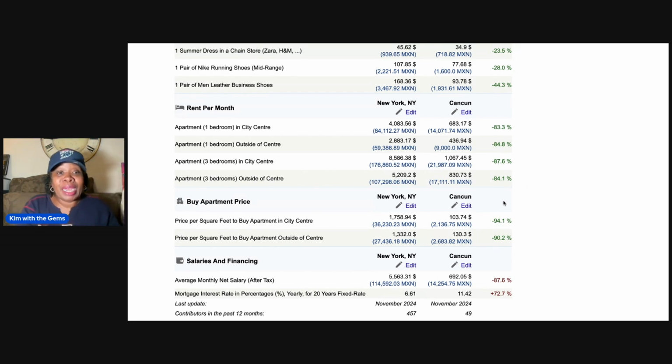That's what we're doing. But anyway, if you're looking for a 3-bedroom apartment in the city center, so I guess they're saying near and around Manhattan here in New York, we're looking at $8,500 or $8,600. And then in Cancun, we're looking at just over $1,000. Now, if you're looking outside of the city center, both of those numbers drop, but it's still an 84% differential.